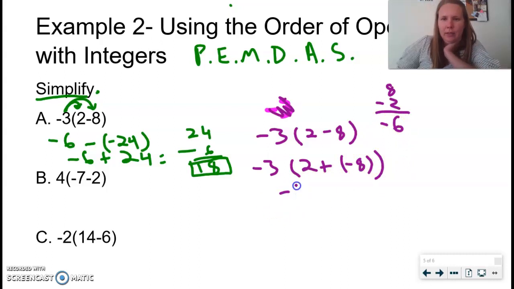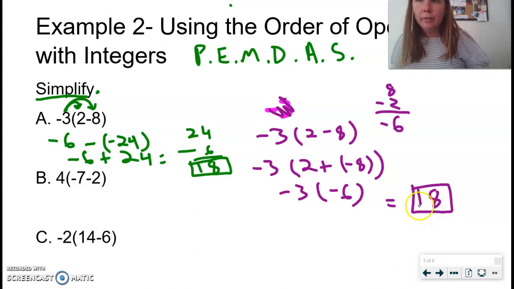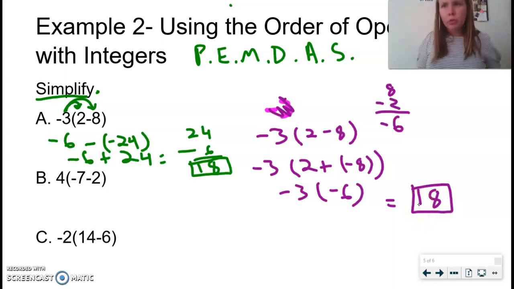So that leaves me with -3 with a -6 on the inside. All I have to do is multiply these, and I get a +18. So I have this same answer. So there's 2 different ways you can do it. Whichever one you prefer, I wanted to show you that you can follow the order of operations, but if you use that distributing property, you're still going to get the same answer.